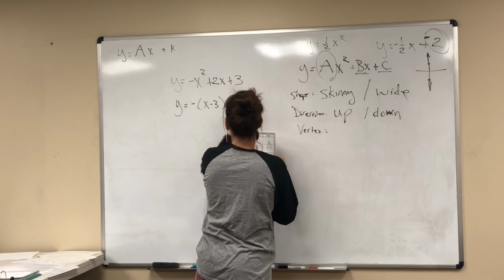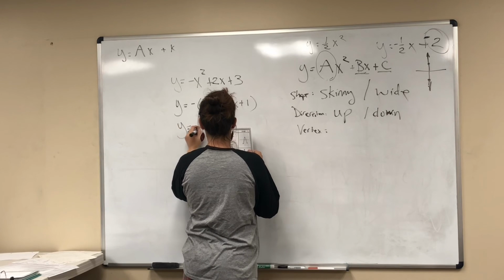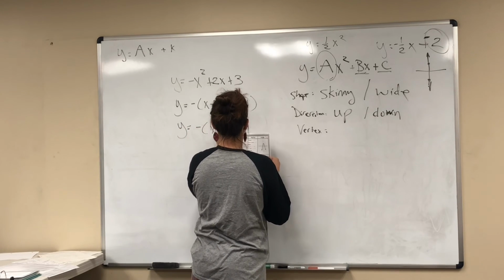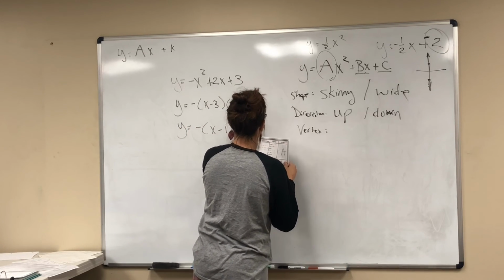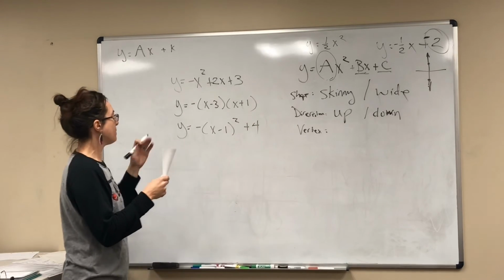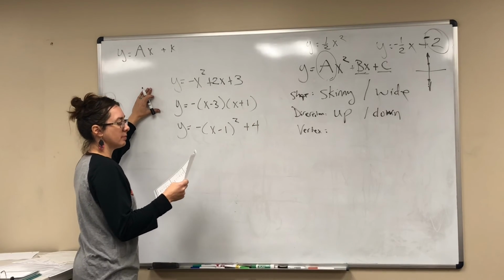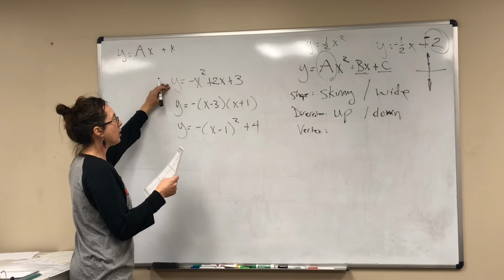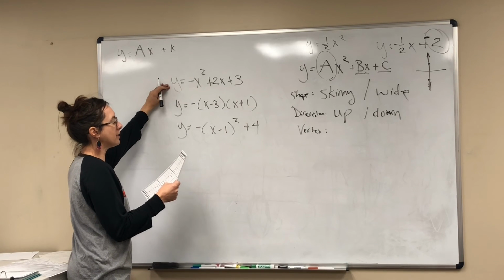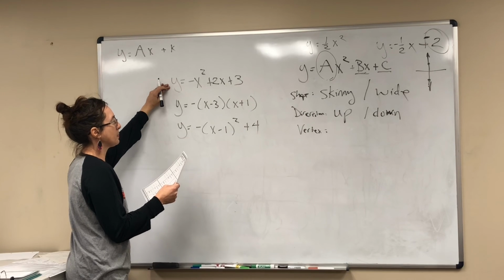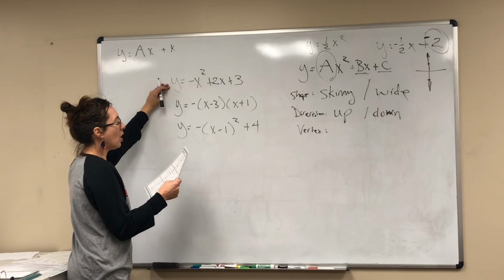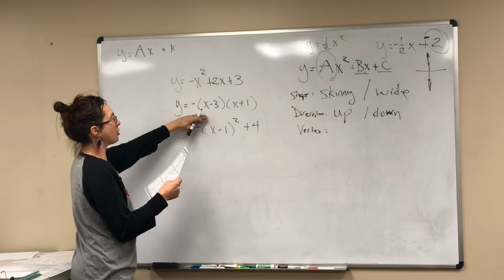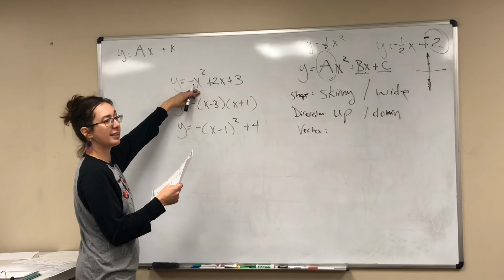So we're going to practice looking at the forms and answering the questions. The first one, the standard form is negative x squared plus 2x plus 3. So then they have factored it because this quadratic is factorable.